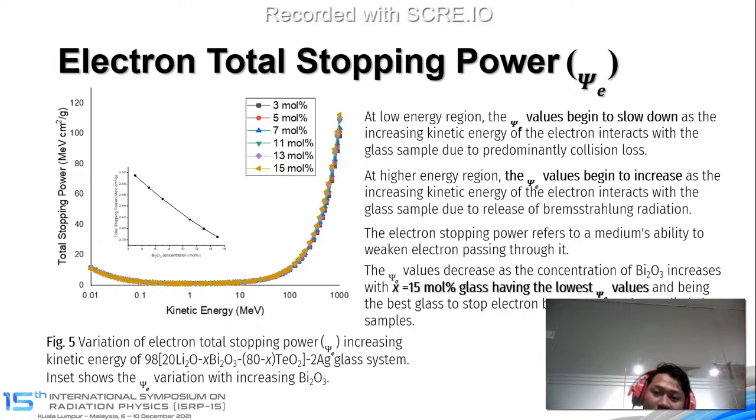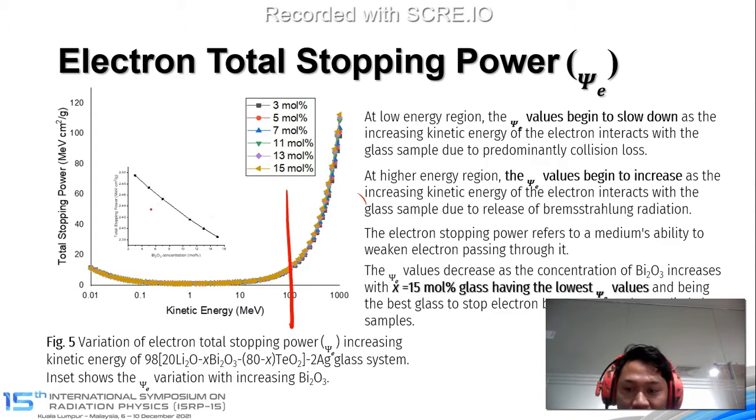For the electron total stopping power, we have also two regions. For the low energy region, you can see it starts to slow down because we have the collision loss. But suddenly at high energy it starts to increase. It is due to the Bremsstrahlung radiation.